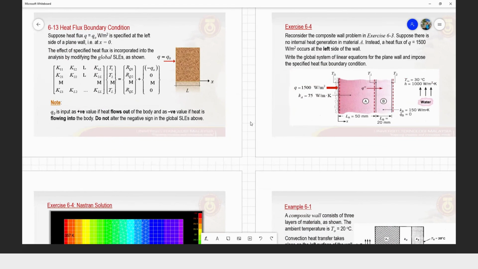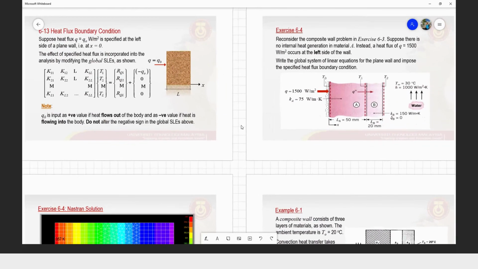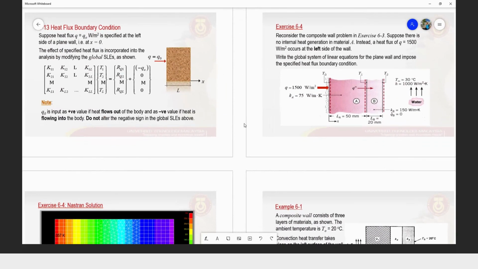Because the implementation of this heat transfer problem closely resembles the 1D bar problem, only with some modifications to the equation that we have to make in order to solve it.